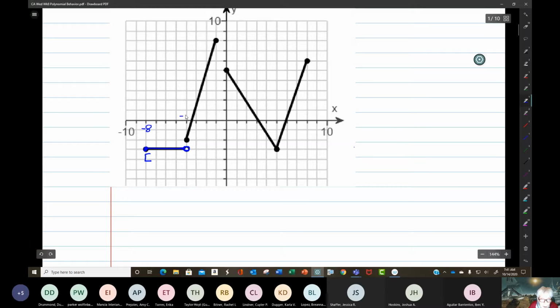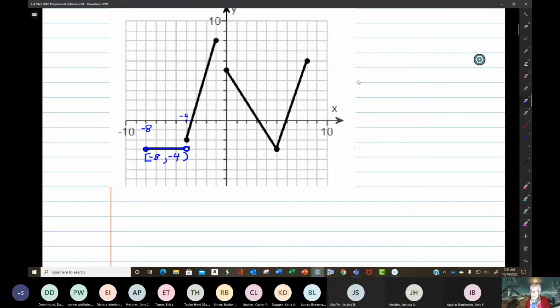This is -4 on the x-axis right here at this point. So from -8, and I can tell you absolutely that this is a point where the graph is constant. -4.